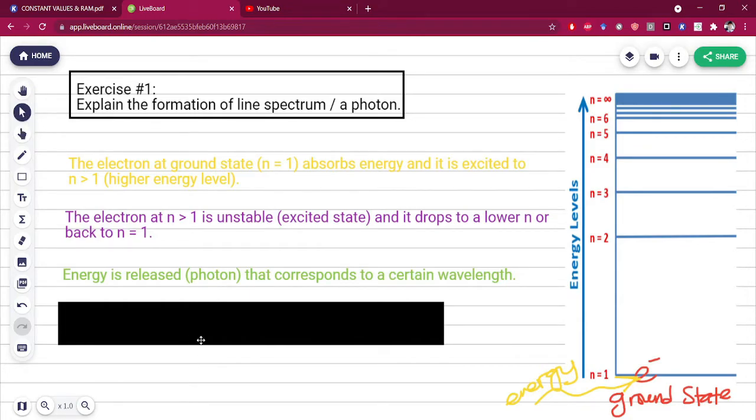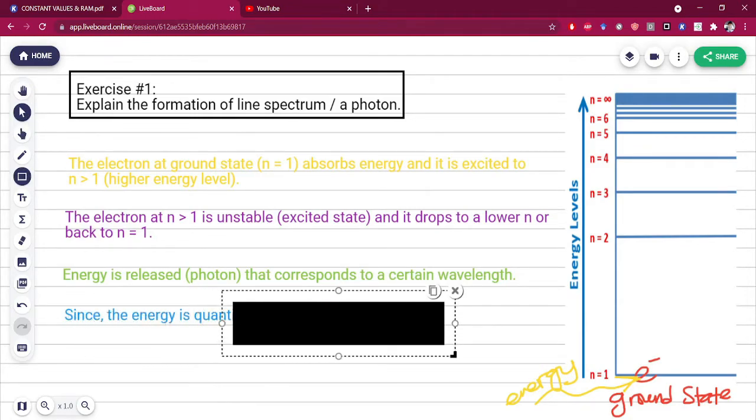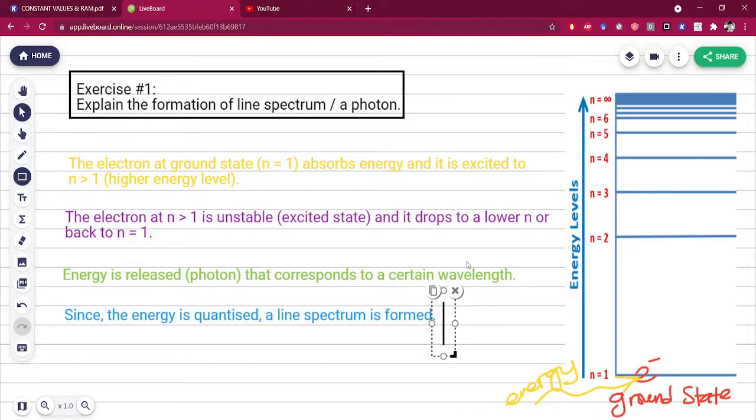And then finally, what you need to write is this. Since the energy is quantized, it's very important for you to mention the word quantized, a line spectrum will be formed. Note that the explanation over here is general because the question is not specific. If you read exercise number 1 carefully, it doesn't say what sort of line.